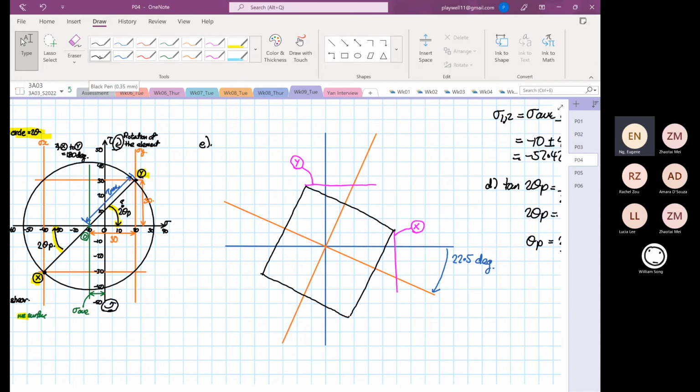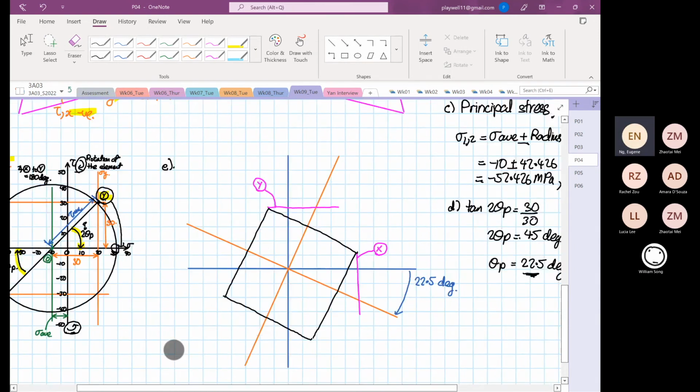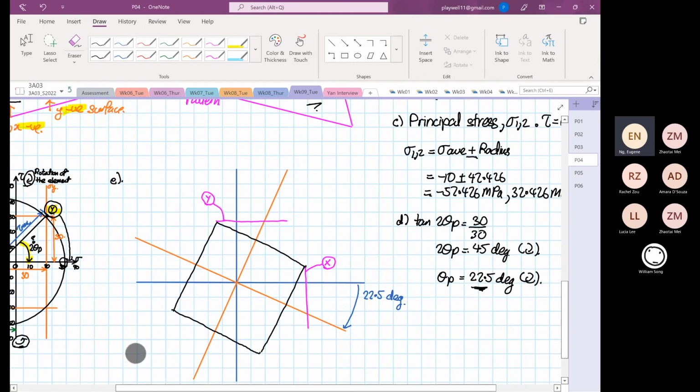From point X, on our Mohr circle, on point X, on point Y, let's focus on point Y. On point Y over here, when we rotate by 45 degrees, you get this stress value over there, which is 32.426.